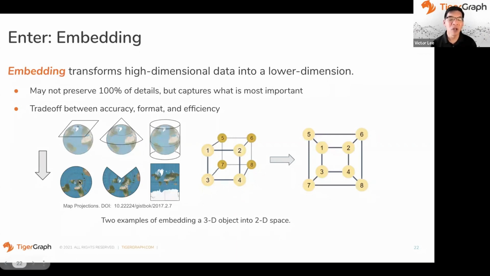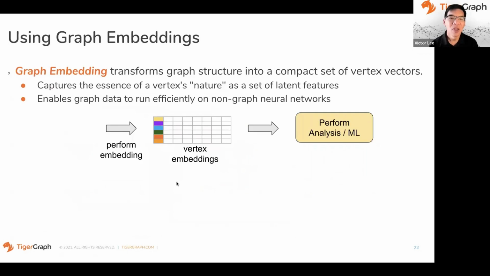But when you look at the whole globe, we have squashed the globe onto a flat projection. And that projection is an embedding, a transform from 3D to 2D. And so you preserve the important details. You may have some error in some of the less important details. And you can see here examples of 3 different ways to map the world onto a flat surface.